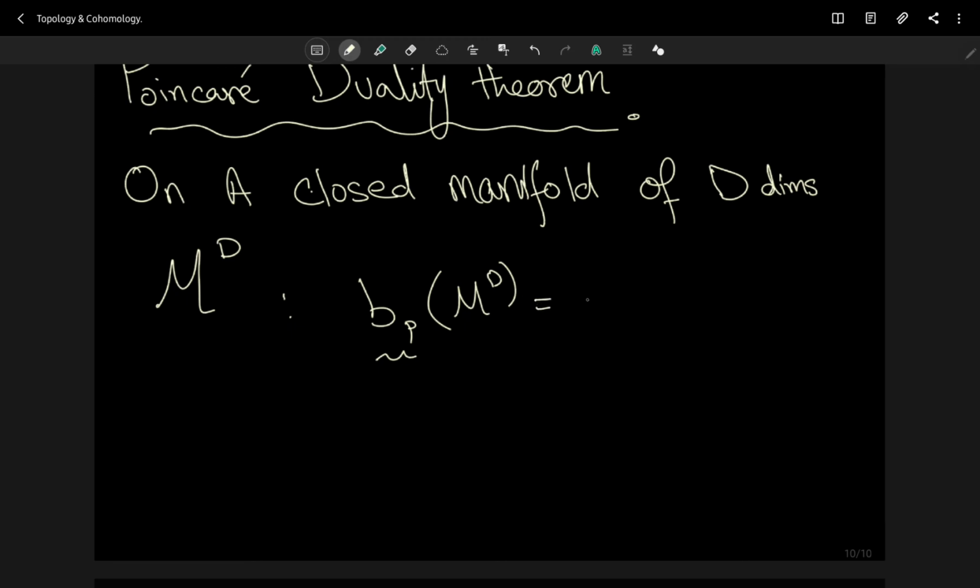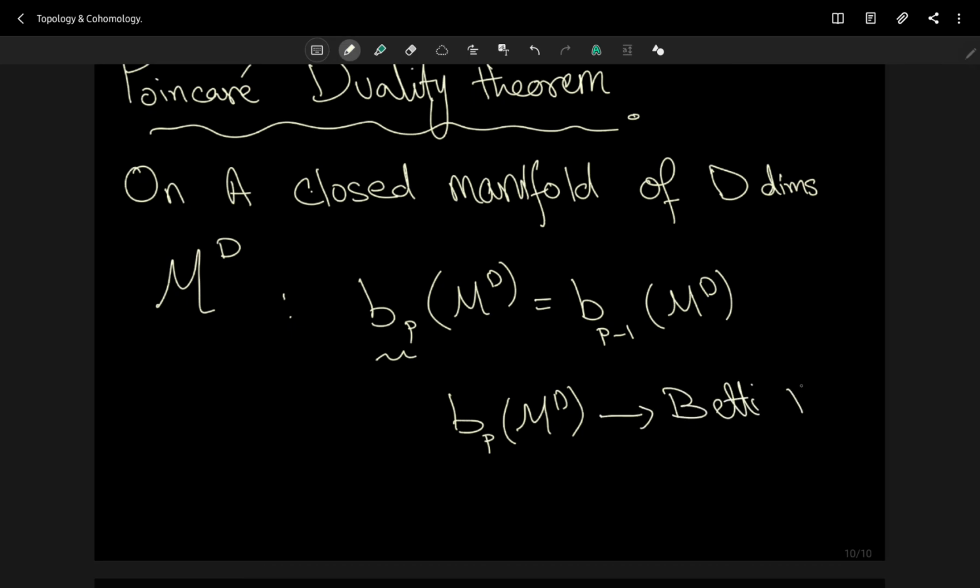This BP of MD is the Betti number for MD. Sorry, D would be an upper index.